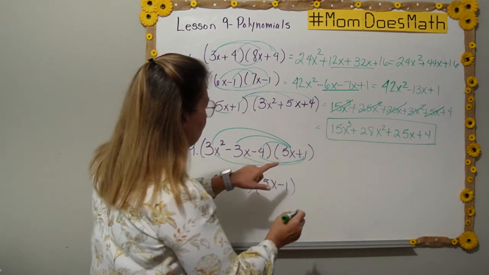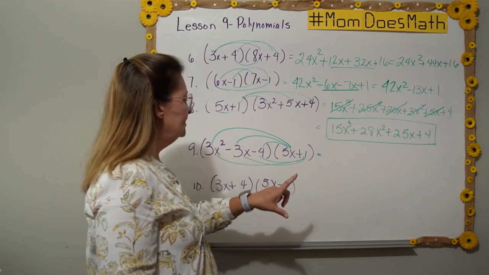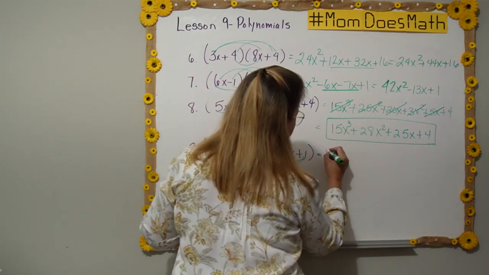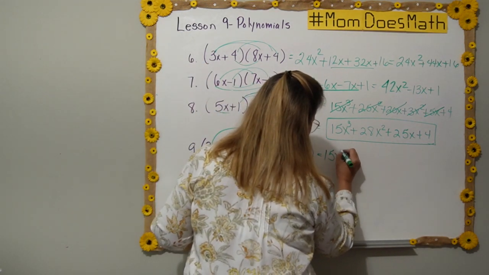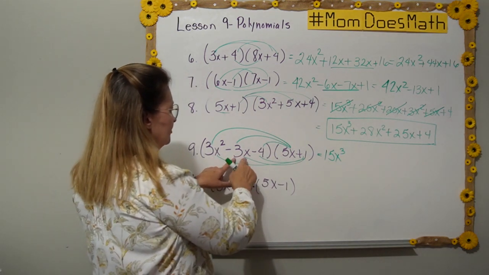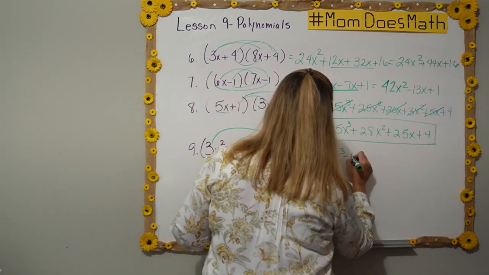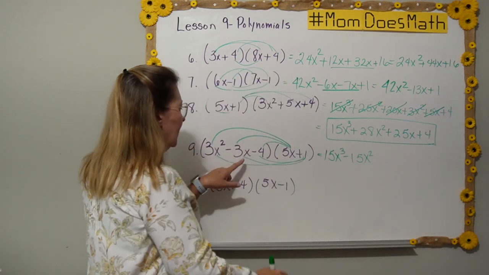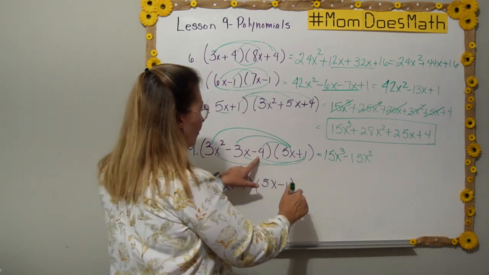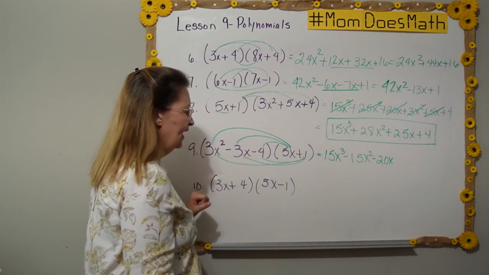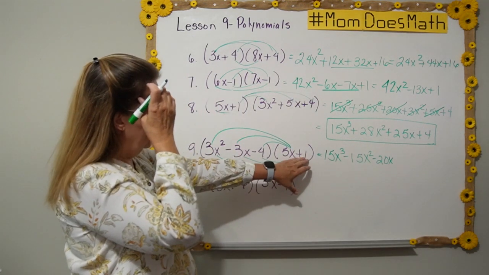Okay? So, slow and steady wins the race. 5x times 3x squared gets me 15x to the third. And 5x times minus 3x gets me minus 15x to the second. And 5x times minus 4 gets me minus 20x, okay?